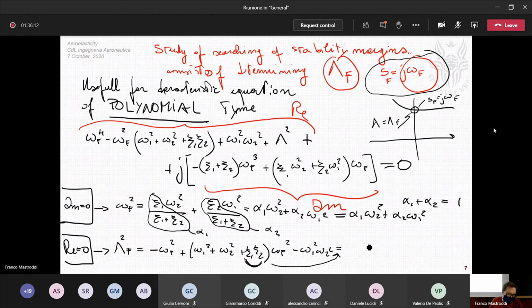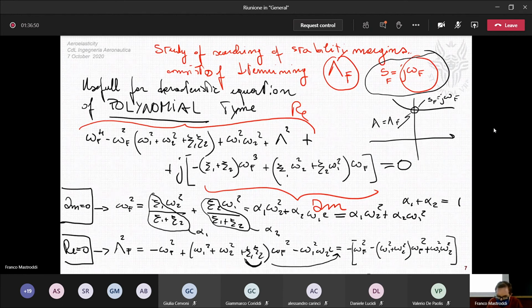I want to write minus omega flutter to the power 2 minus, I have omega 1 square plus omega 2 square omega flutter to the power 2, and I also want to include this term, so I include also plus omega 1 square omega 2 square.